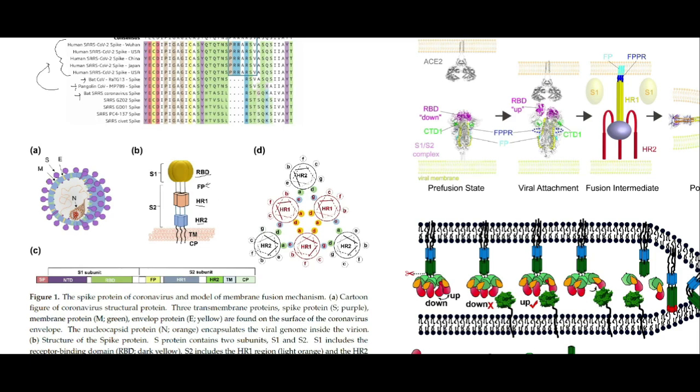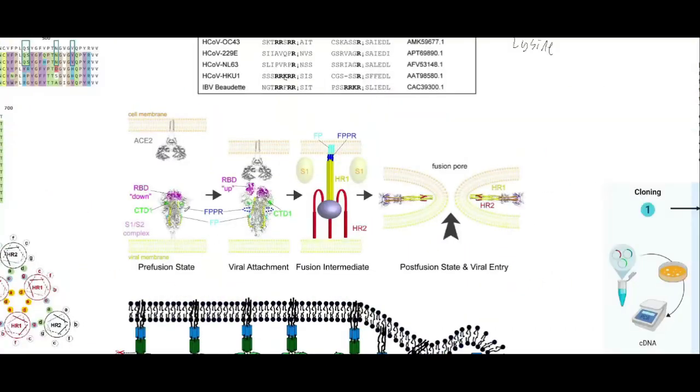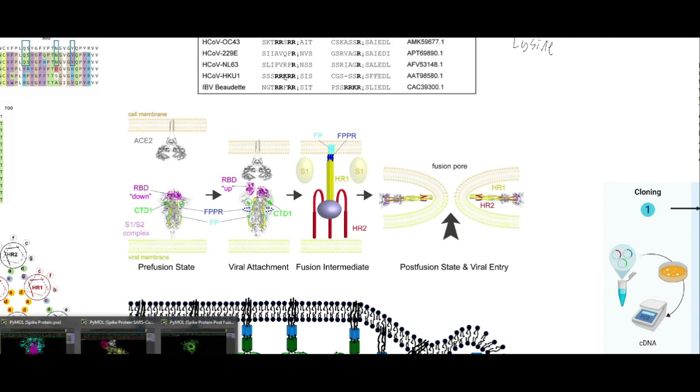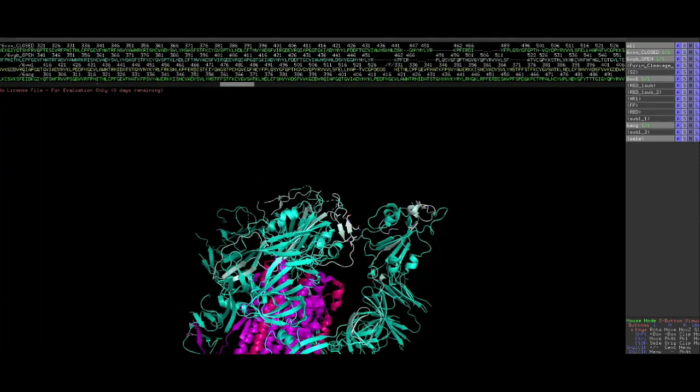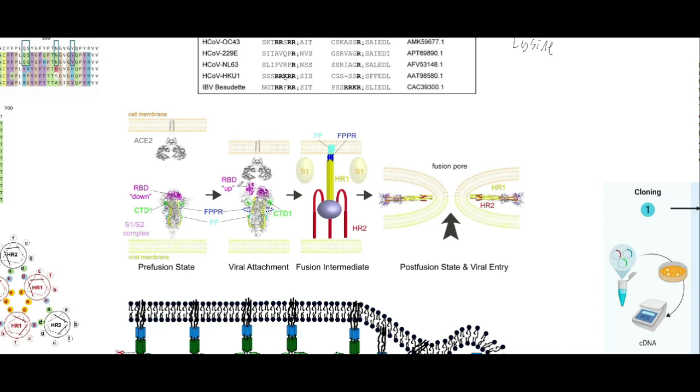And what happens is we have our protein here, our spike protein, which is bound to the viral membrane. Then there's the ACE2 receptor, which is bound to the human membrane. And so we see this is in the down position, and then one of them goes to the up, like we saw in this, where one of them is now in the up position, and that allows it to bind to the human ACE2 receptor.